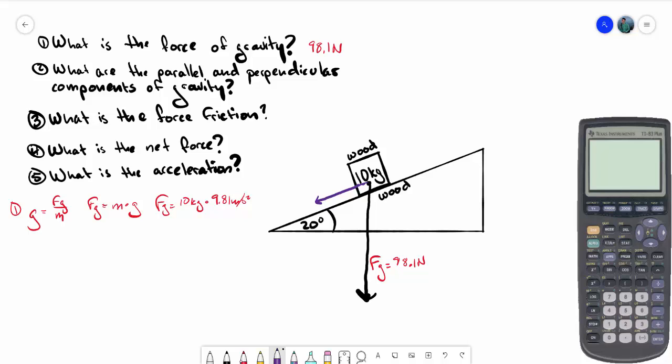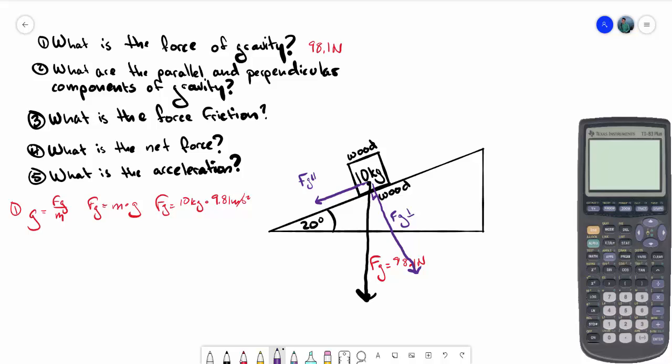We draw that as this kind of perpendicular vector going across this way. Now this is labeled as the force of gravity parallel, because the force of gravity parallel is parallel to the plane. You can see these lines look like they will never intersect. Well, this purple arrow is described as the force of gravity perpendicular because it makes a right angle with the plane.